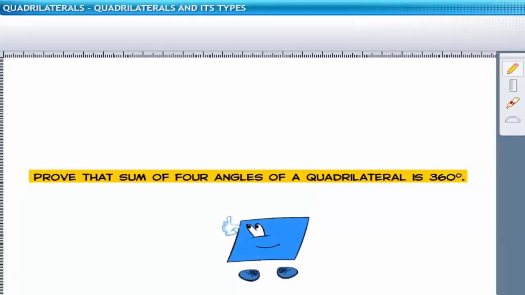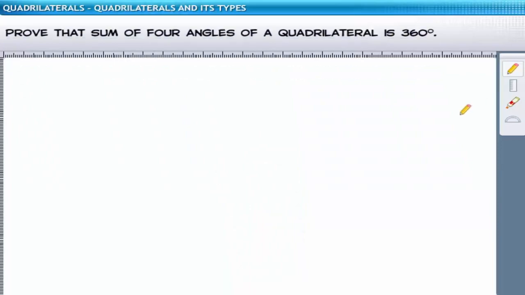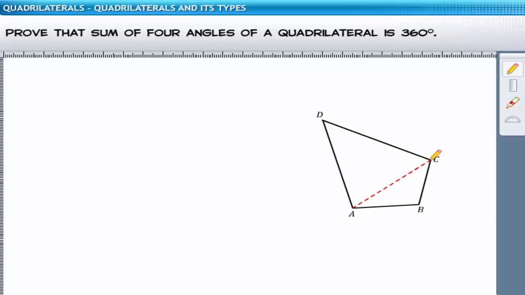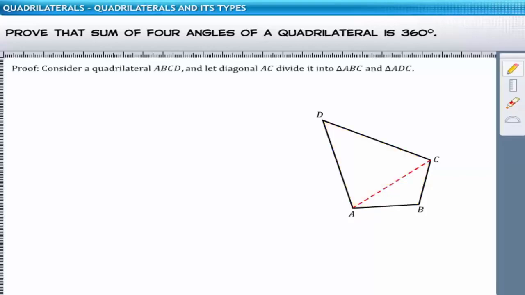Let's prove this theorem. Consider quadrilateral ABCD. Let AC be its diagonal such that it divides the quadrilateral into two triangles, triangle ABC and triangle ADC. Sum of three angles of triangle ABC is equal to 180 degrees.